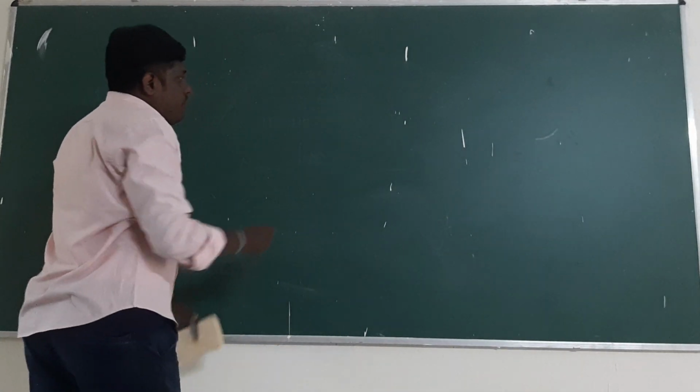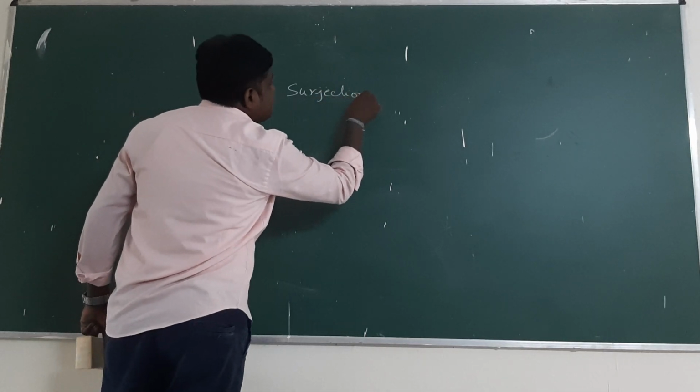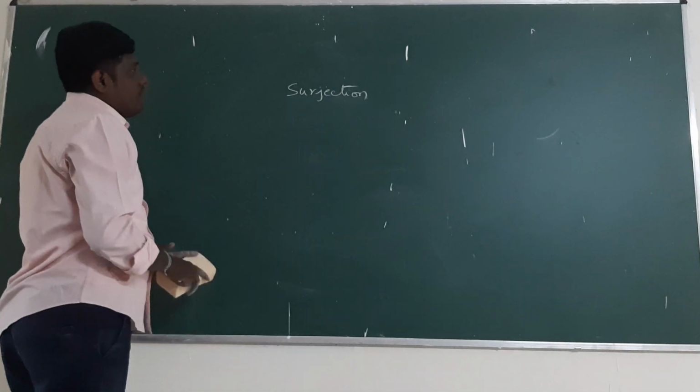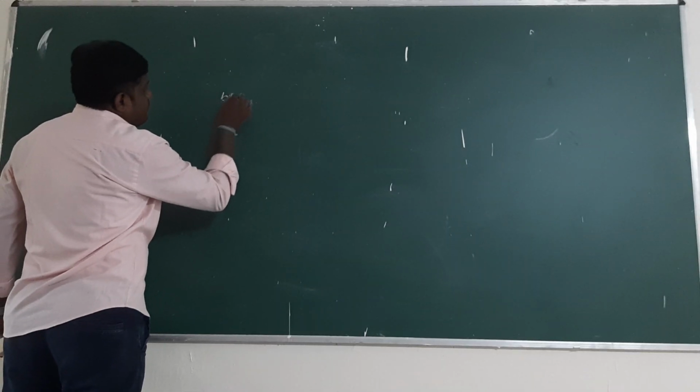One more name for onto function is surjection. Next, one more: bijection.